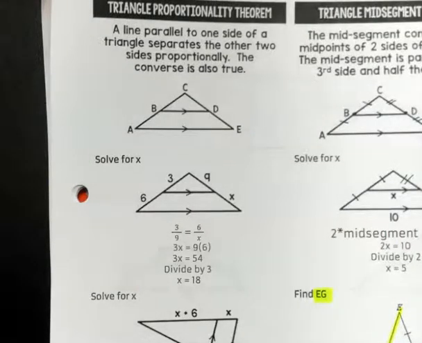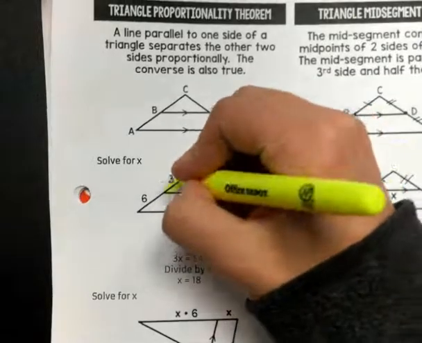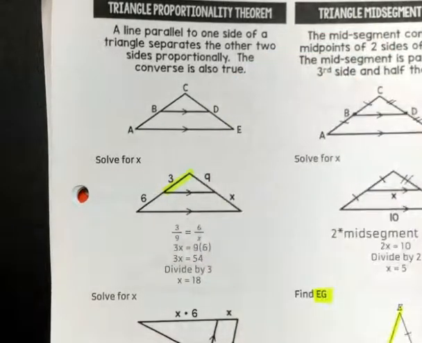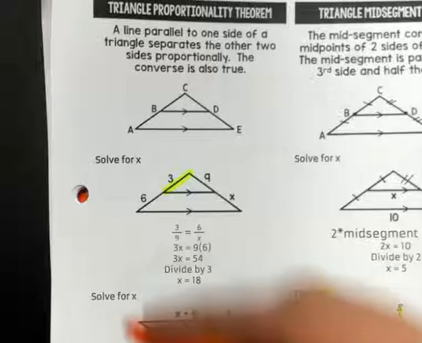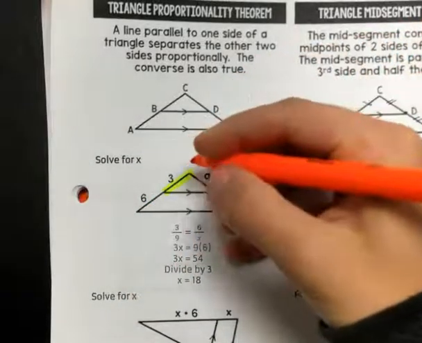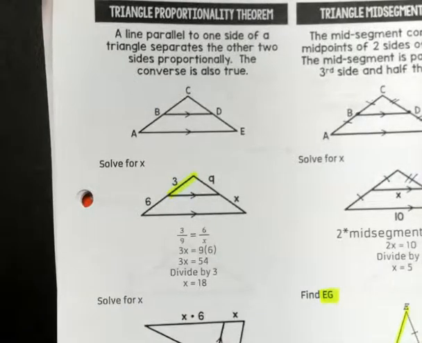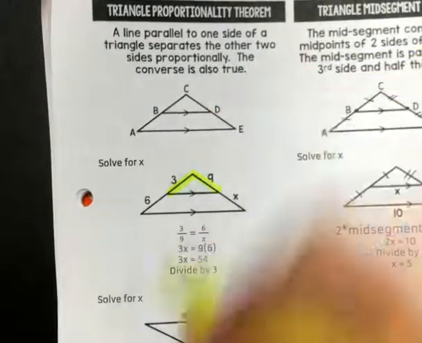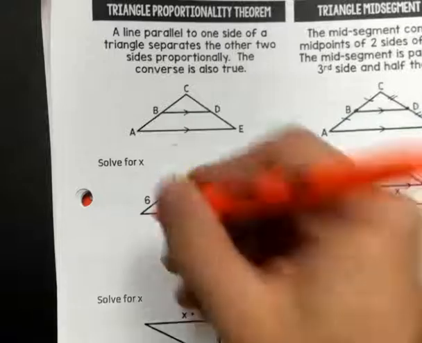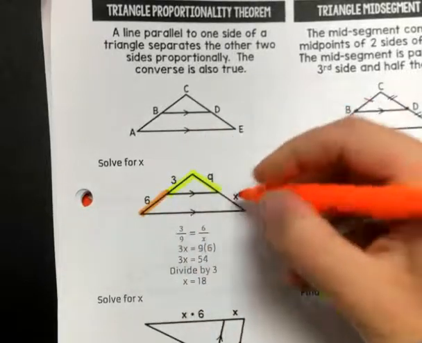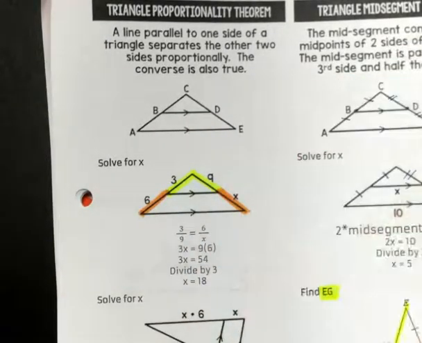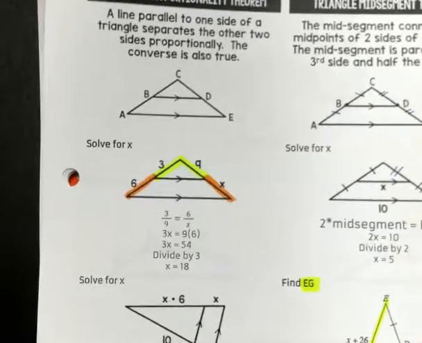And what I'm going to do is say that if we take a yellow part divided by the other side on the yellow part, and then if we take an orange part divided on the other side by the orange part, those are going to be proportional to each other.